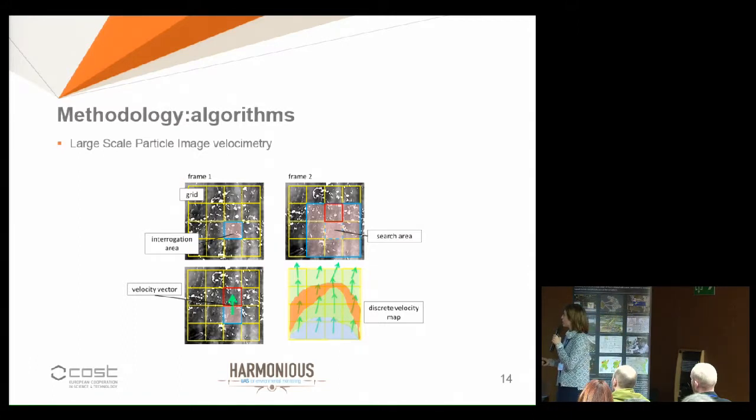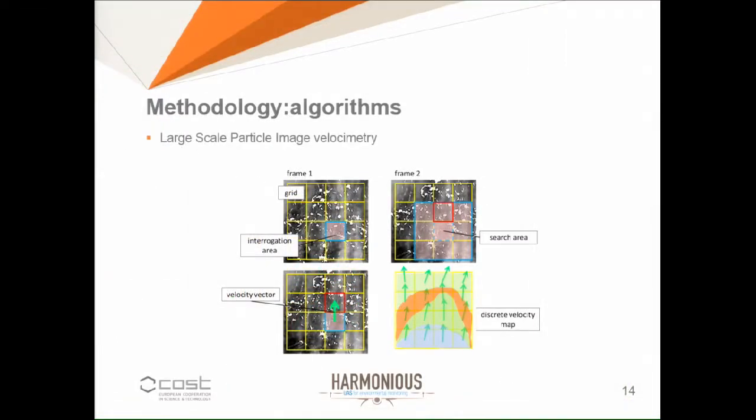We basically overlay a grid over an image, and each cell in image 1 is cross-correlated to a search area in image 2. The location of the highest value of the cross-correlation coefficient gives us a displacement vector. We already know the frame acquisition frequency, so that in the end we get a velocity vector.